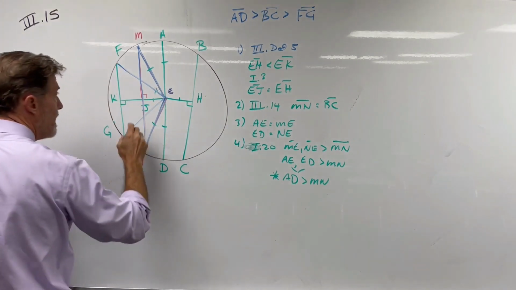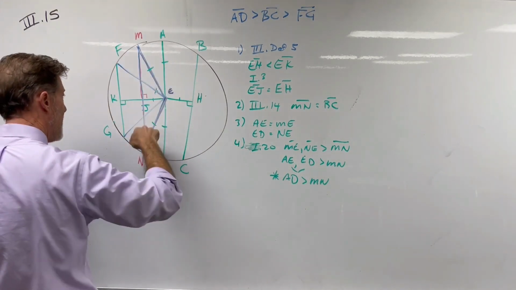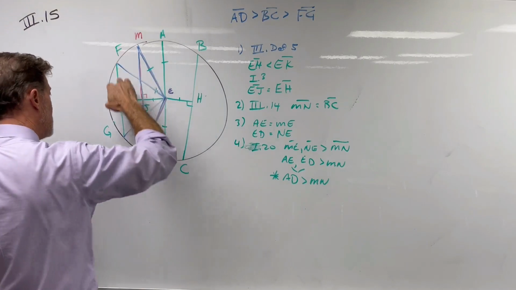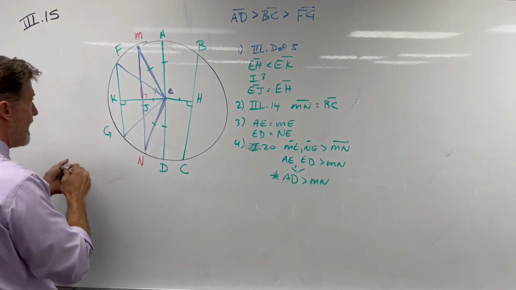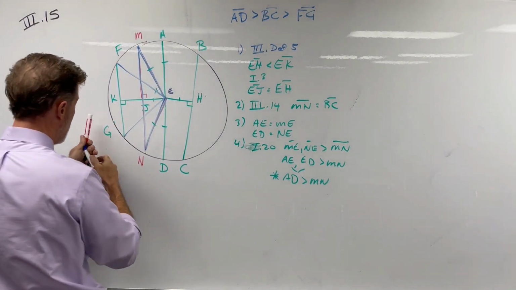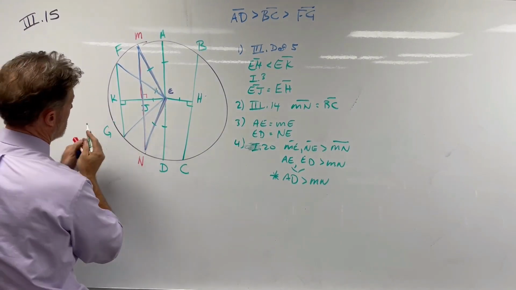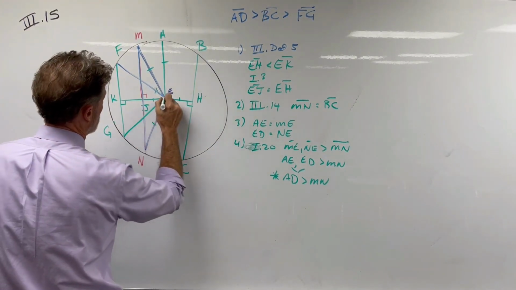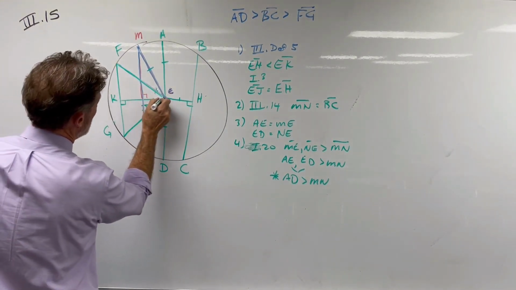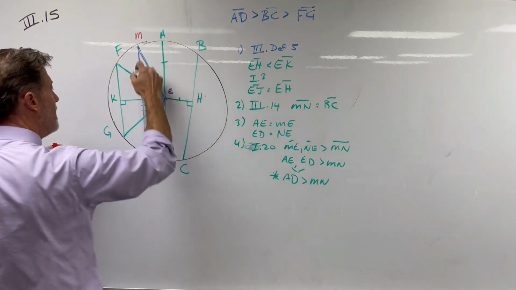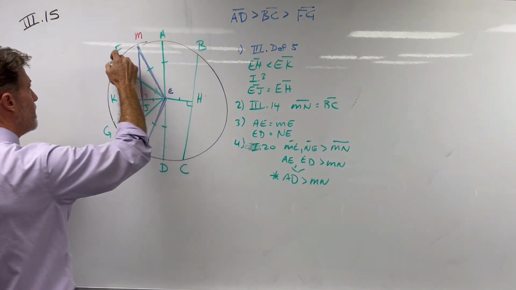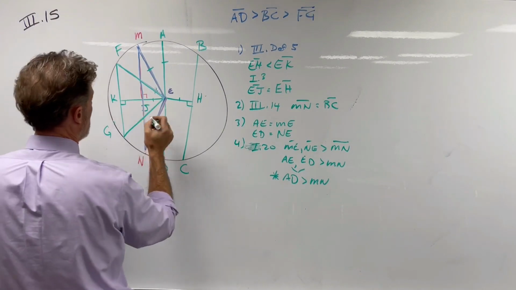All right, now, having proved that AD is bigger than MN, we just need to prove that MN is greater than FG. And we can do that by looking again at another triangle. So I'm going to make this triangle green. We're going to compare this blue triangle, MNE, to this green triangle, FGE.